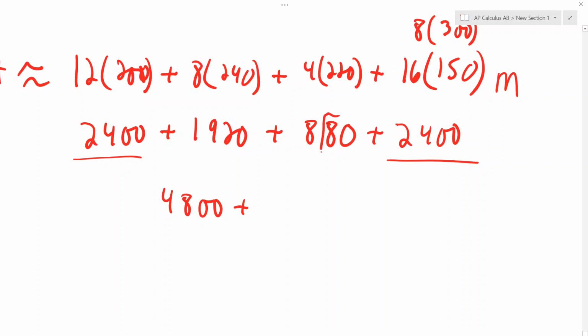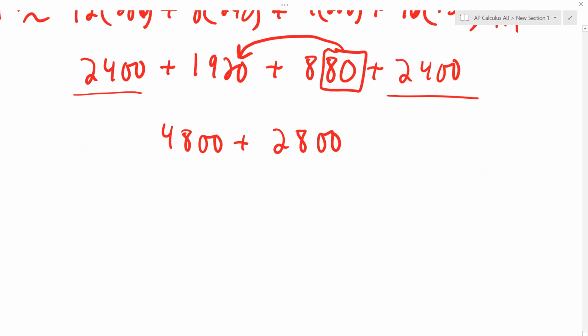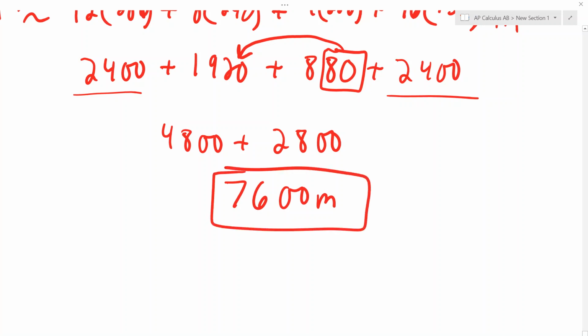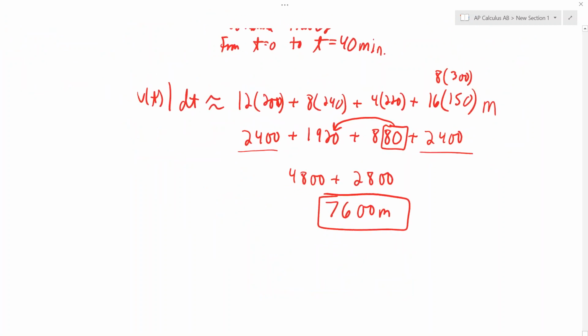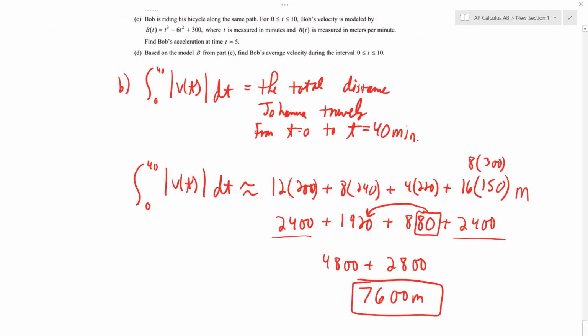If I take the 80 away from this 880 and put it here, that makes it 2,000. Plus another 800. And if you add them together, you get 6,000 plus 2 800s, 7,600 meters. Okay? The only new part there so far was the Riemann sum.